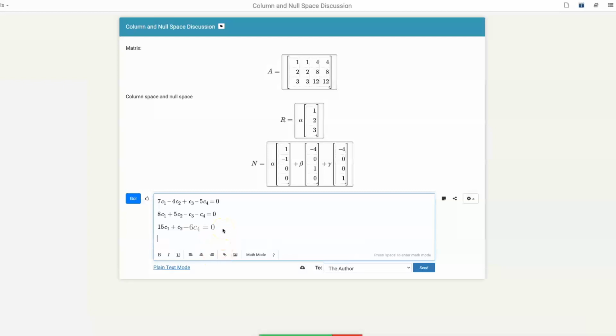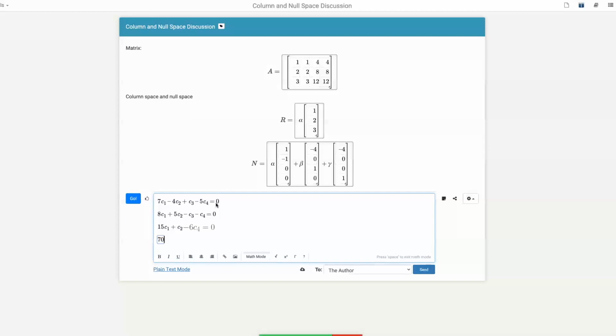Okay, what if I took the first linear combination and multiplied it by 10, both sides? Then I would get 70C1 minus 40C2 plus 10C3 minus 50C4 equals 0. Once again, equals 0, because I just multiplied the 0 vector.